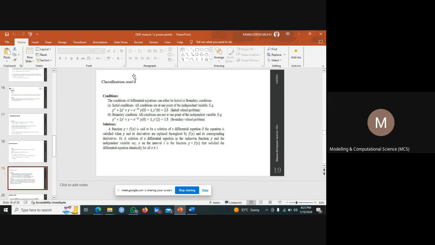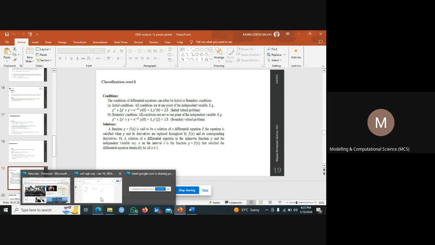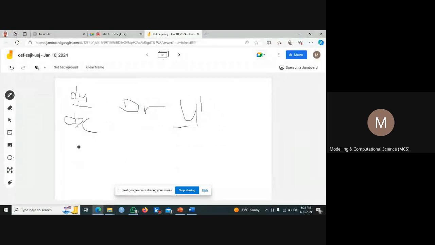Let me show you from the board. Are you seeing the board? So when we have x plus, let's say, 5 is equal to, let's say, 10, the number that will satisfy this is what?